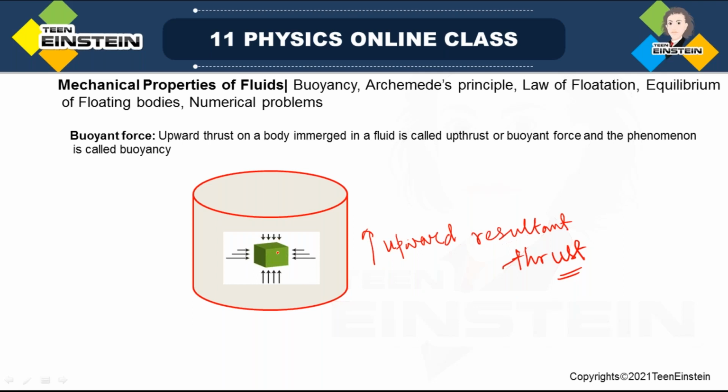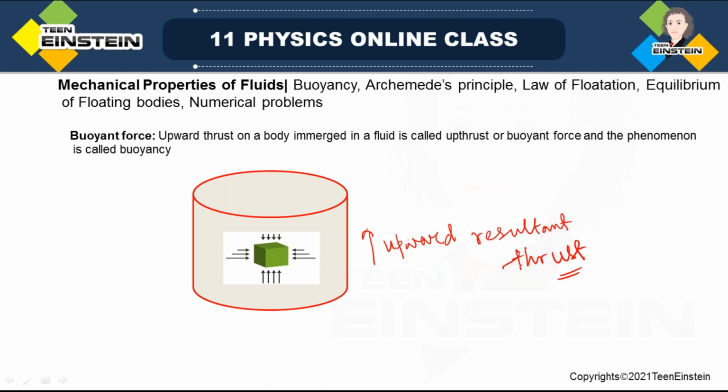This upward thrust experienced by this object is called the buoyant force. The phenomenon involved is called buoyancy. The force or upward thrust which the object experiences when it is immersed in a fluid or any liquid is known as the upthrust or buoyant force.